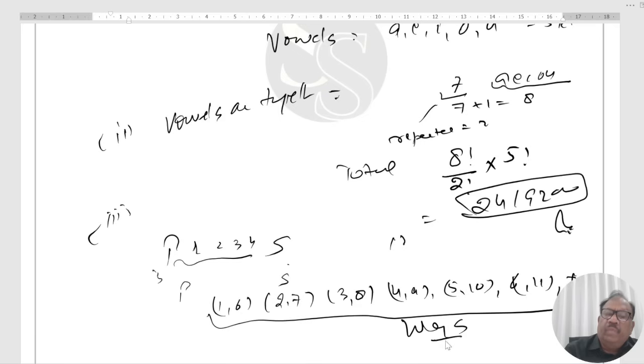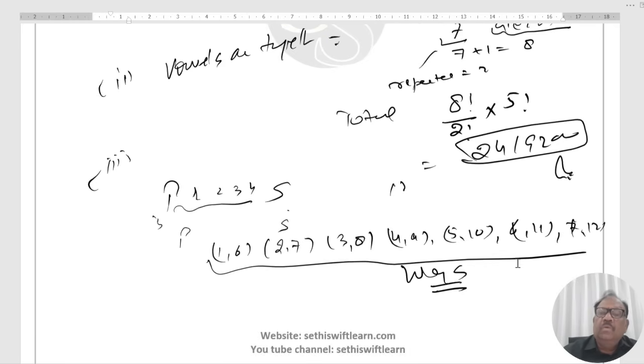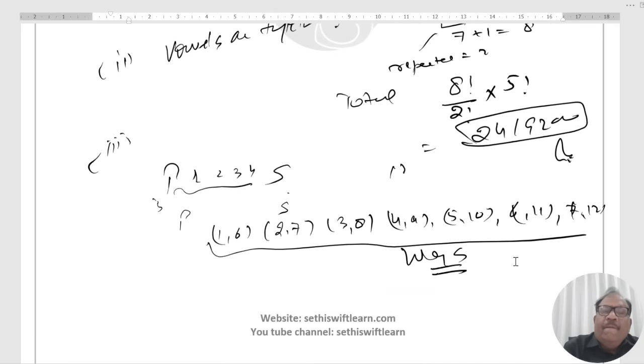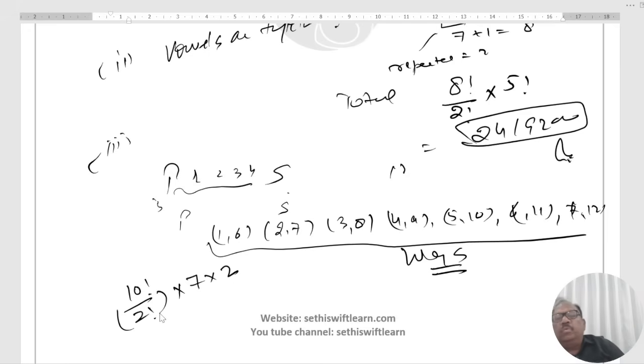Means P and S: factorial 10 divided by factorial 2, into 7 into 2. These are the possible 7 cases for P and S.